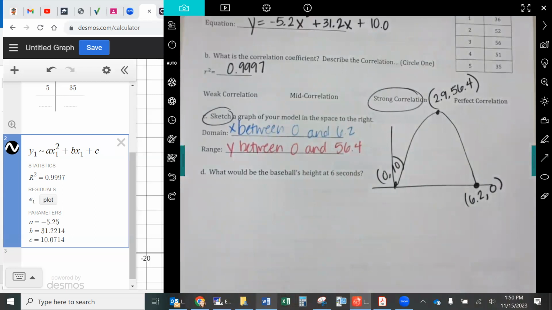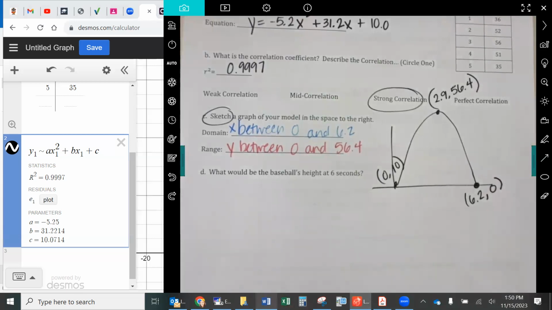Questions on that? All right. You have 5 questions. The first 3 are exactly like what we just did. You're doing quadratic for all of them. So for 1 through 3, you're going to do quadratic.